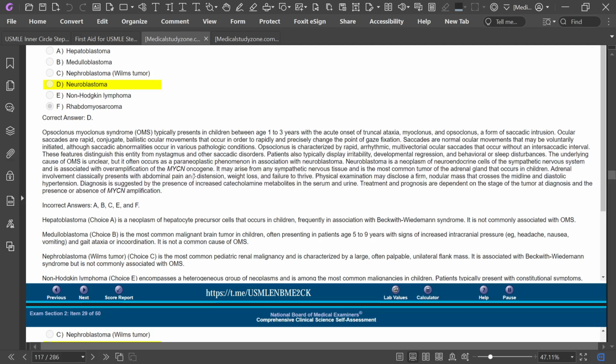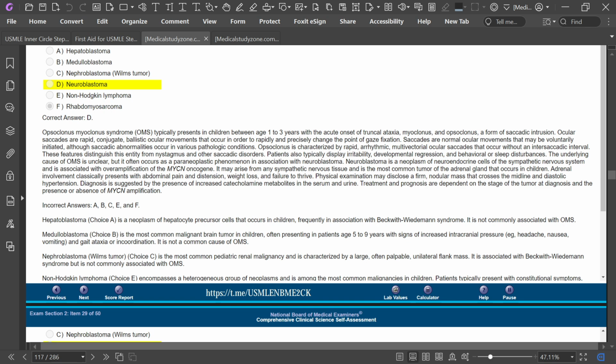C. Okay. Wilms tumor, or nephroblastoma, is a common pediatric renal malignancy and is characterized by a large, often palpable unilateral flank mass. It is associated with Beckwith-Wiedemann syndrome.